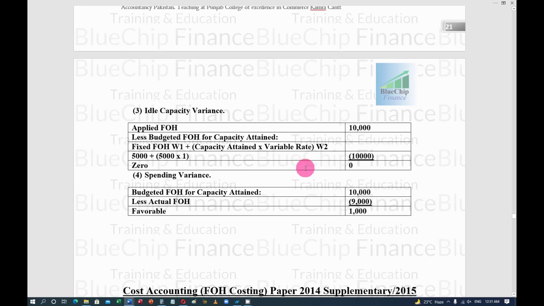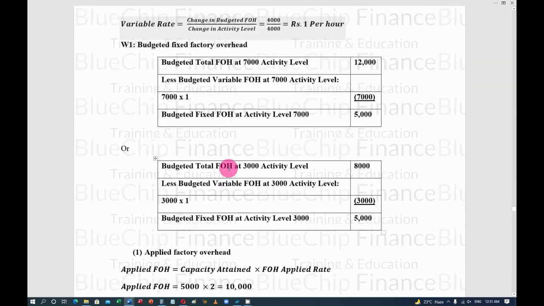Your applied FH is equal to 10,000, and your budgeted FH we are going to calculate, which is equal to budgeted fixed FH plus capacity attained multiplied by variable rate. Your fixed budgeted FH is 5,000, we already discussed, plus capacity attained is 5,000, and variable rate is 1, because variable rate is calculated here.